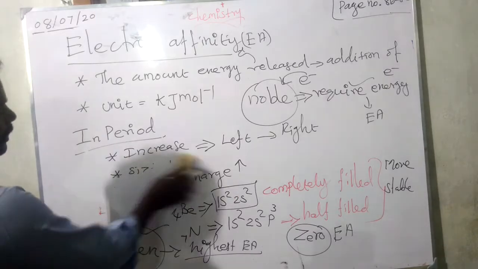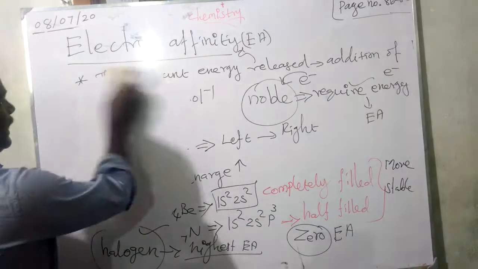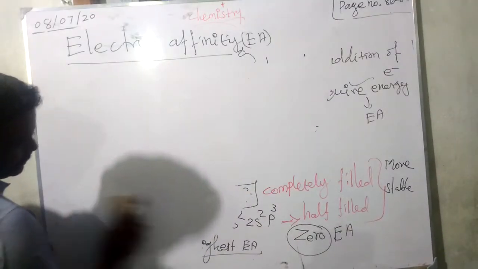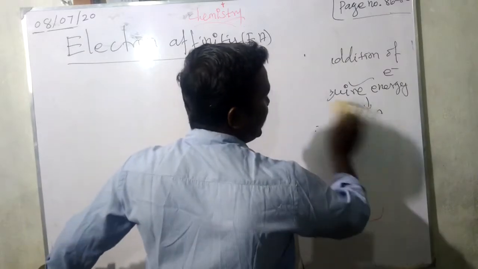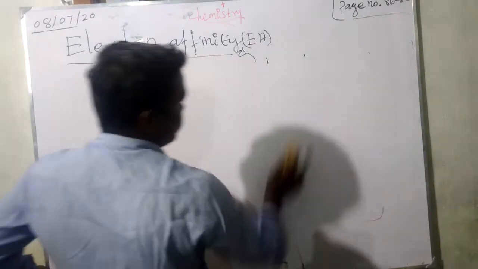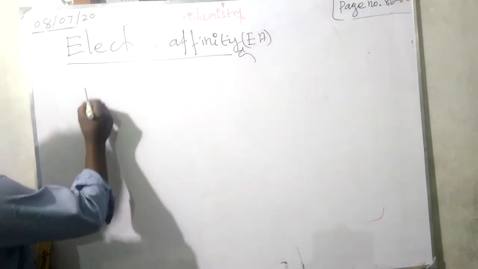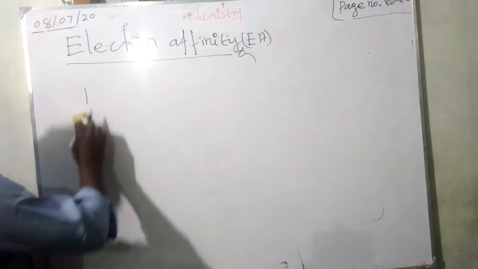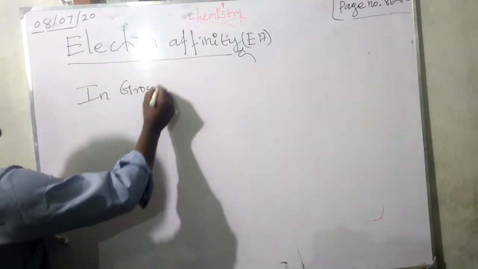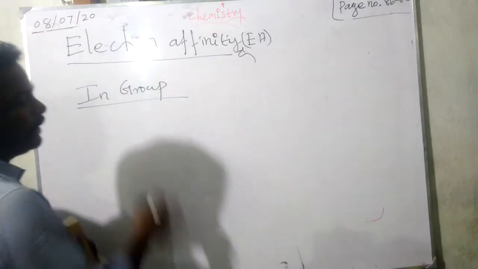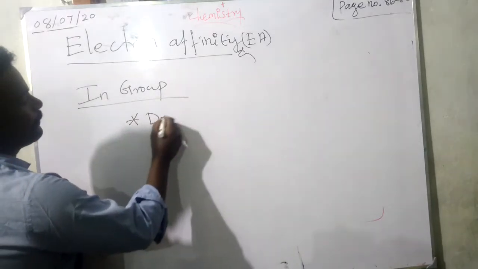Then we will learn group-wise electron affinity. Group-wise, what will happen? Just opposite to period-wise. Period-wise we have studied that electron affinity increases. So definitely in a group, electron affinity will decrease.